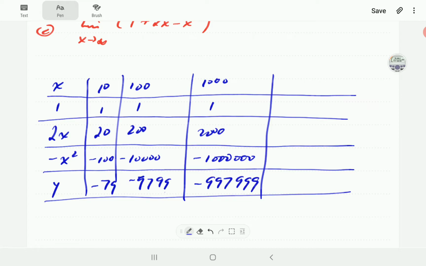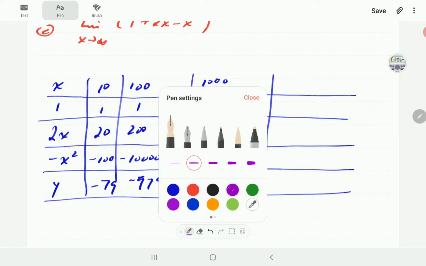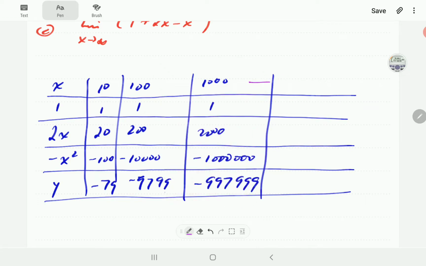So the thing that I want us to note is the following here: as x is going to infinity, the constant is remaining constant. This is variable, it's also going to infinity. This is going to negative infinity.